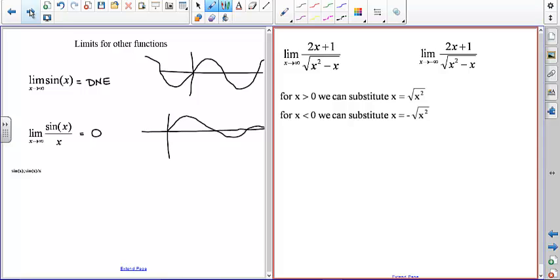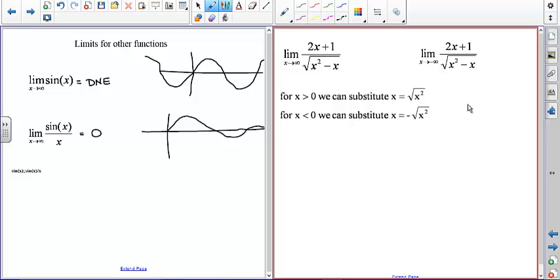But the other way you can do it is use this substitution. When you have something that's divided by a square root, for x you can put in the square root of x when x is greater than 0, and when x is less than 0, you can use x equal to negative the square root of x.